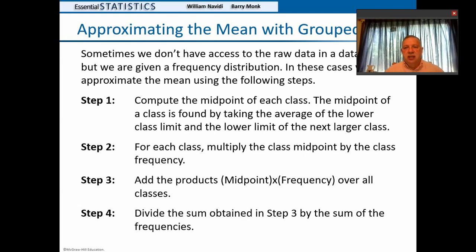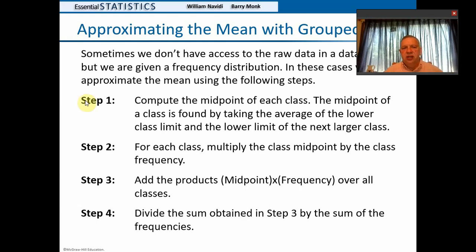So if I'm just given that bar chart, and here's the histogram, here's these classes, and here's the range that I'm talking about, if I would like to do the mean from those, this is what I've got to do. I've got to basically use a midpoint of each class and then use the frequency to determine how many times that number has occurred.